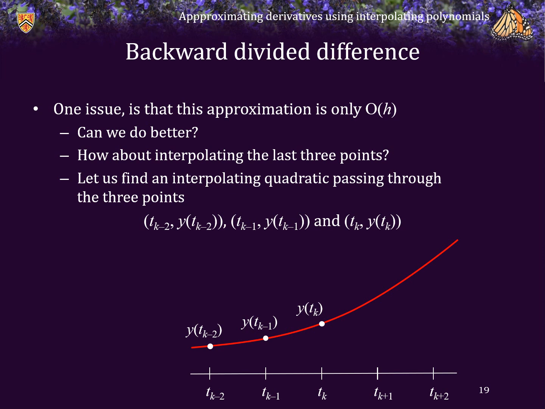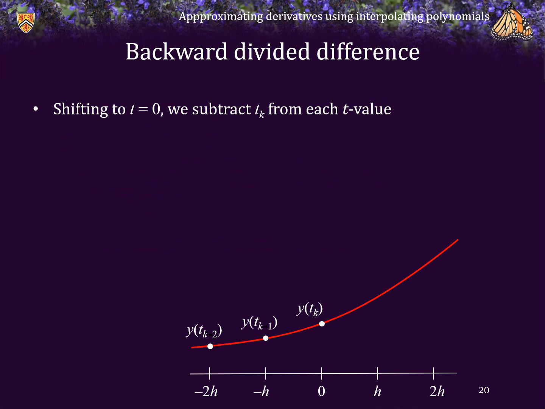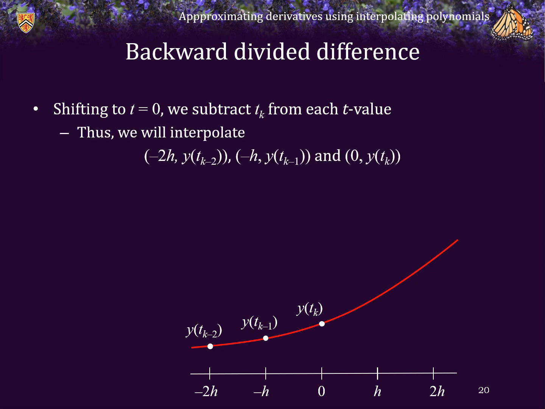So as before, we're going to shift everything to 0 by subtracting off t_k from each of the t values. Okay, so to shift to t equals 0, we are going to subtract t_k from each of the t values. Therefore, we're going to find the polynomial that interpolates these 3 points instead.